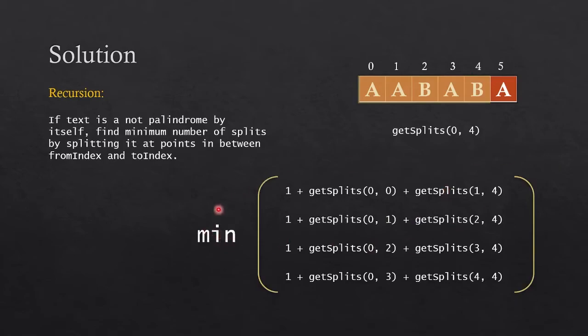And then you take the minimum of these things, and that's going to be the get splits value for 0 to 4. This is going to be this minimum value exactly itself. And why is that? Because this is the minimum number of splits you require to make this 0 to 4 substring a palindromic split.